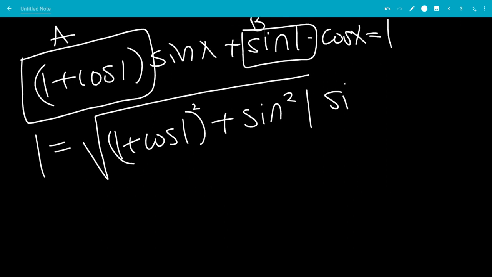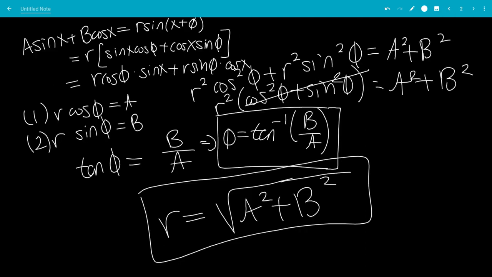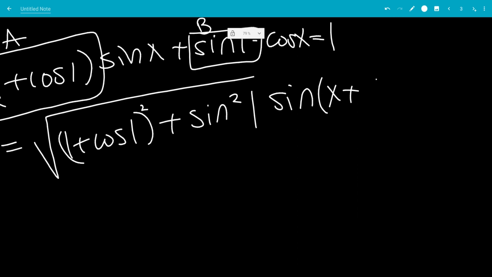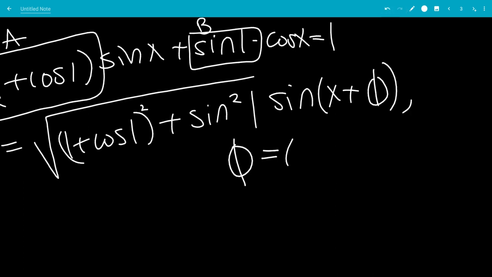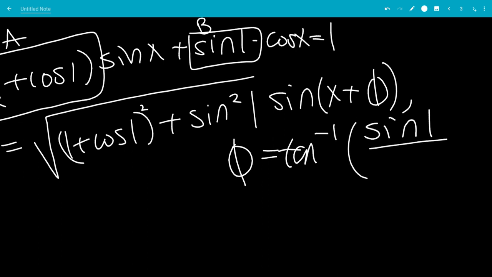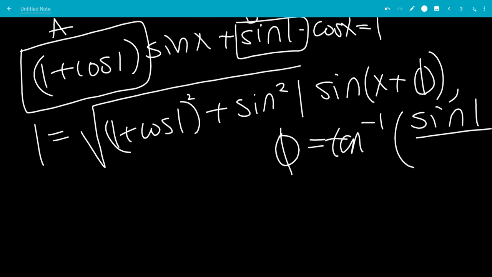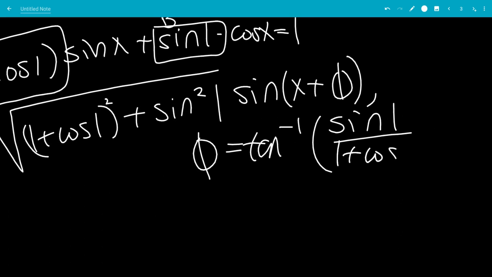So we have sine of x plus phi, and I guess we can just leave it as phi and then say what phi equals, where phi equals the inverse tangent of b over a, which is sine 1 over a, and a is 1 plus cosine 1.